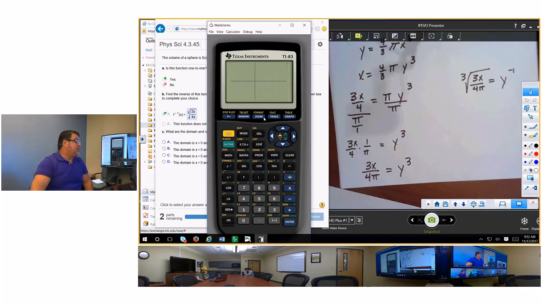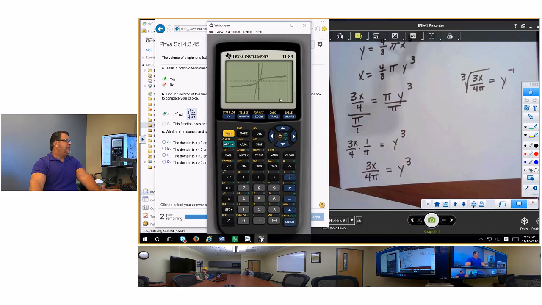And we got to hit zoom standard because I got it all out of kilter a while ago. Hold on a minute. All right, zoom standard. There's your function there. And here's your function here. And again, the domain is equal to all real numbers. The range is equal to all real numbers.